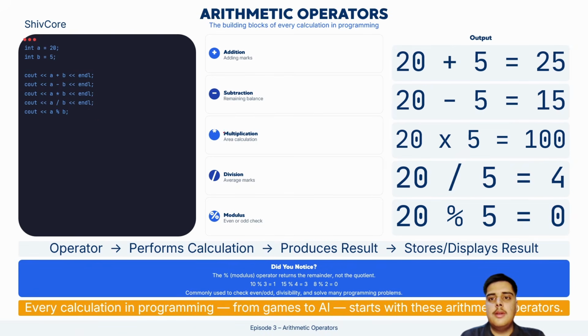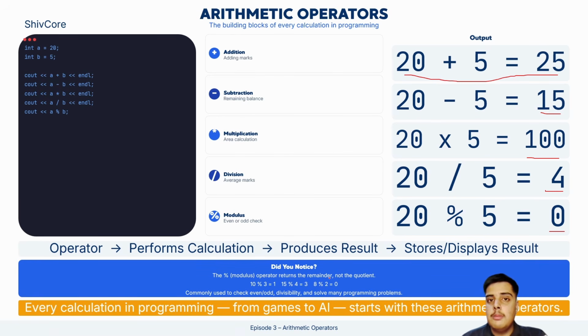Understand it? Very easy. You can also see on the right side, these are also the outputs, explaining how they have come. So an operator performs a calculation, produces a result, stores the result and displays it. Did you notice the modulus operator returns the remainder, not the quotient.